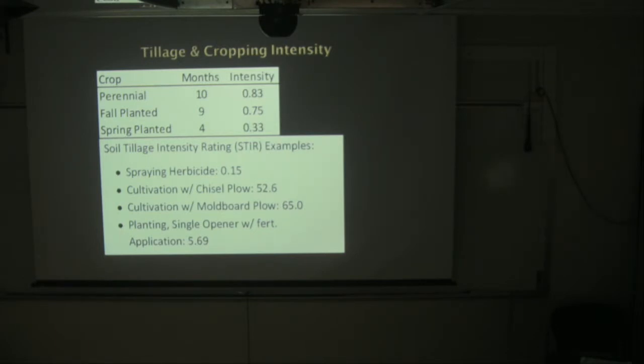More disturbing, of course, cultivation with a chisel plow, 52.6. Moldboard plow, even more disturbing, 65. So each management operation for each crop in rotation is assigned a value, and these are summed across rotation and divided by the number of years in rotation to come up with an annualized STIR rating, which is representative of the tillage. And the cropping intensification is also an annualized value.